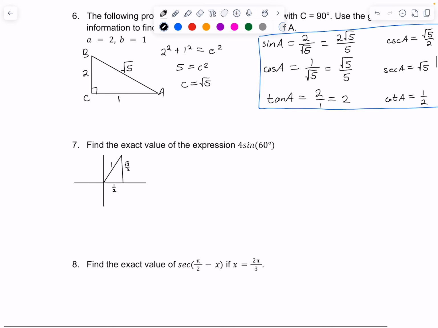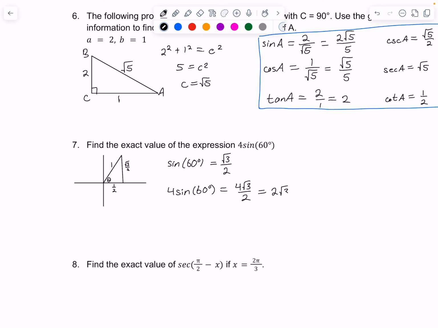The hypotenuse is always 1. So the sine of 60 degrees, which is right here, sine is opposite over hypotenuse. It's root 3 over 2, which means that 4 sine 60 degrees is 4 root 3 over 2, which simplifies to be 2 root 3.